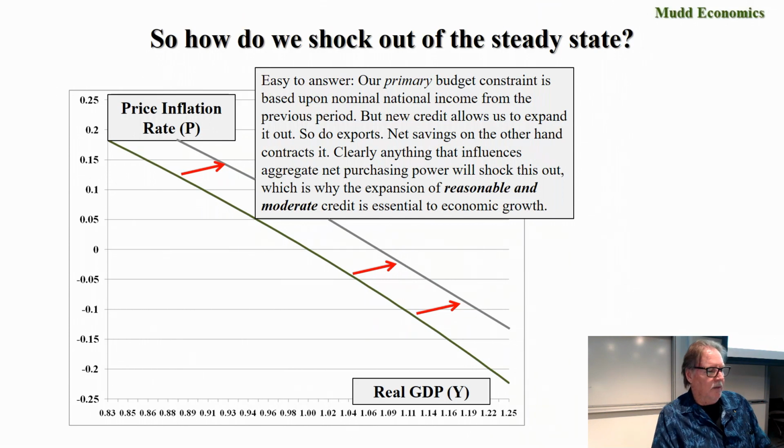So anything that influences aggregate net purchasing power can shock this in or out, which is why the expansion of reasonable and moderate credit is essential to economic growth. Now, again, I've already been talking a lot about credit and debt in this economy and the important role it plays. Basically, what this model is going to be arguing is that the solid expansions we've had in the modern era are mostly funded by the general slow expansion of credit and debt in our economies.